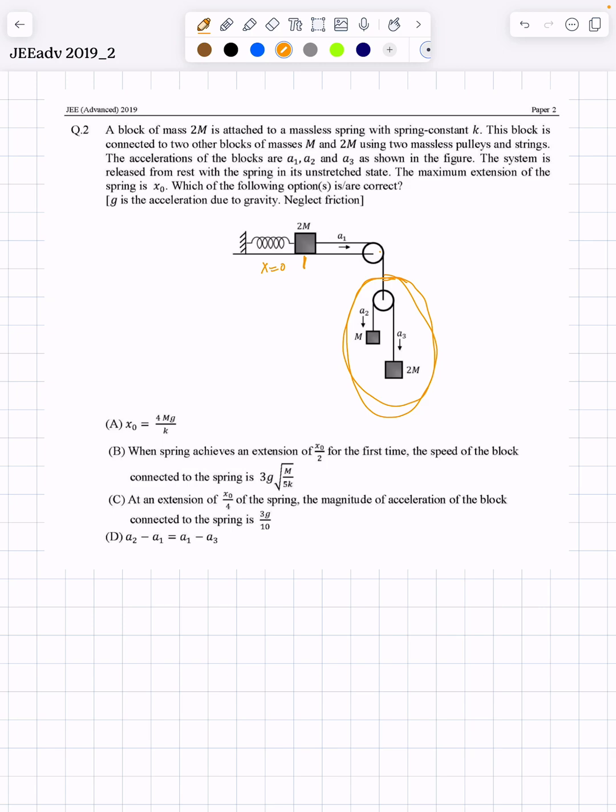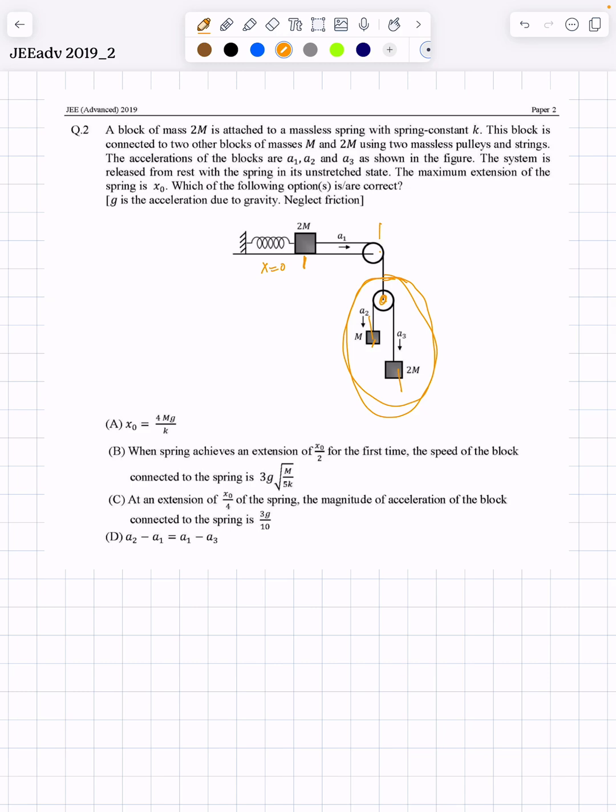In addition, this mass m will go up and mass 2m will go down with respect to this pulley.